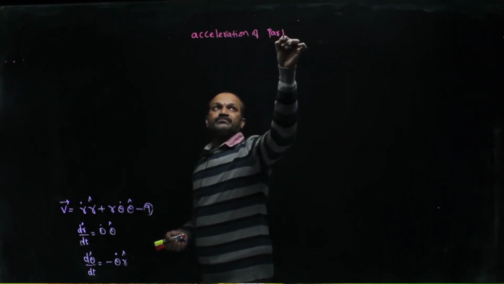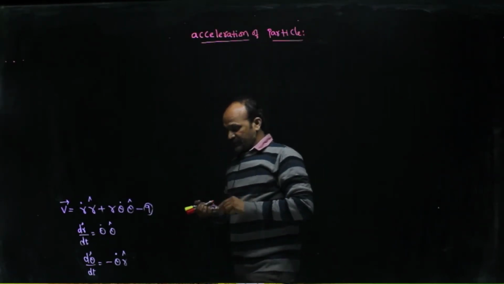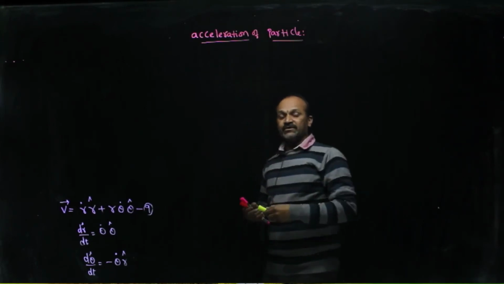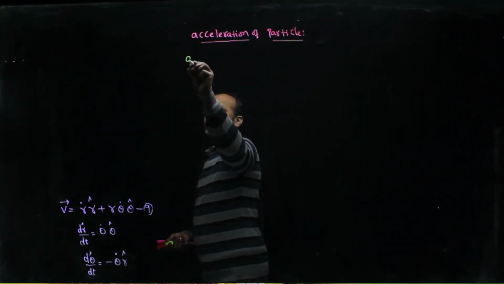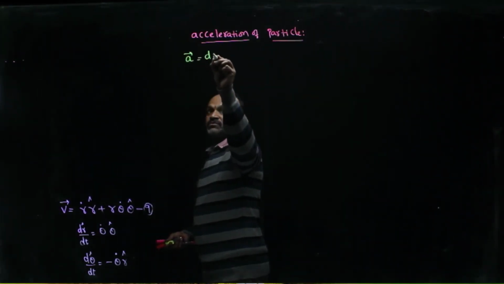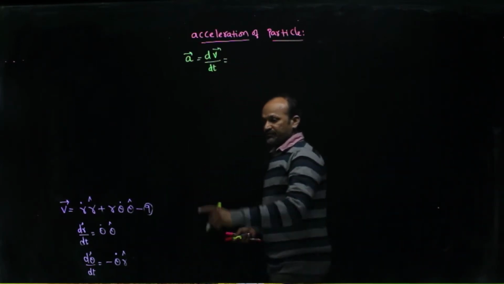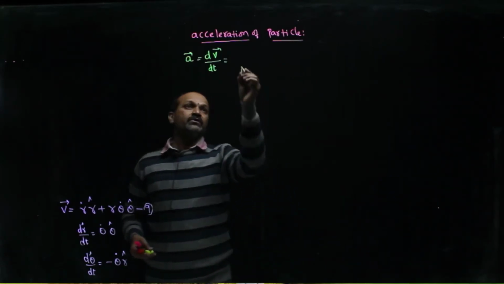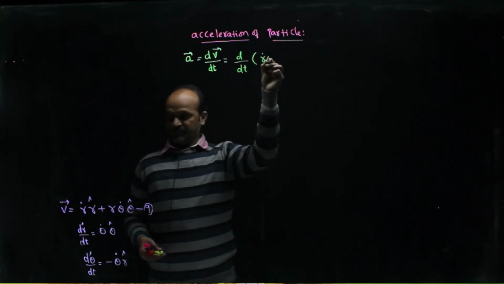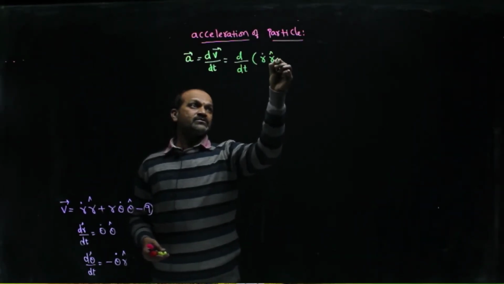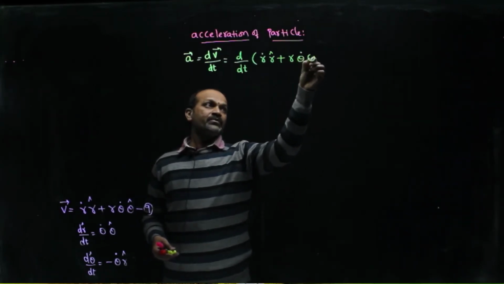What is the acceleration? Rate of change of velocity. You differentiate equation 9, a bar is equal to dv bar by dt. So if you differentiate that equation, d by dt of r dot r cap plus r theta dot theta cap.